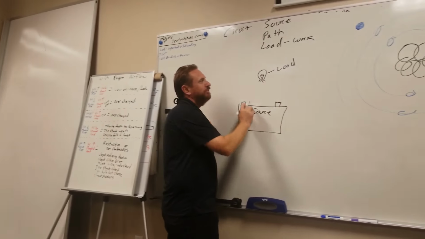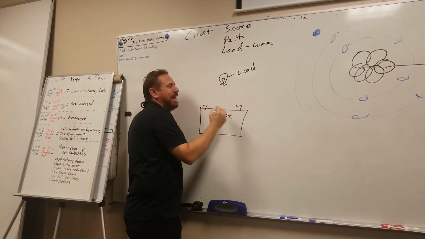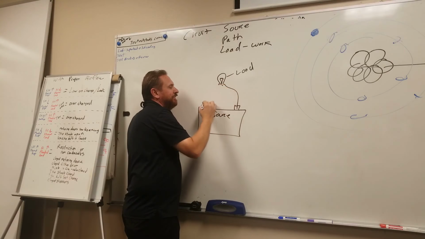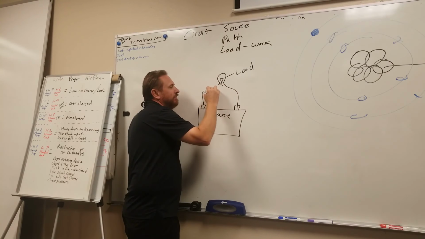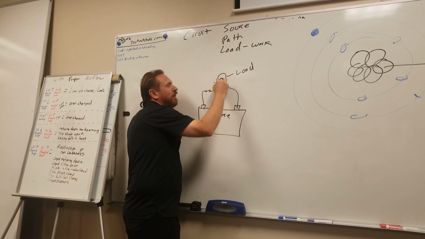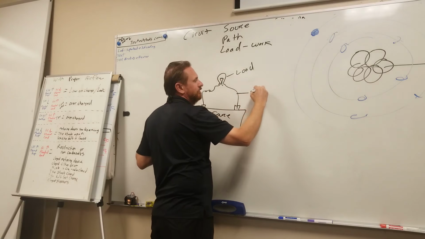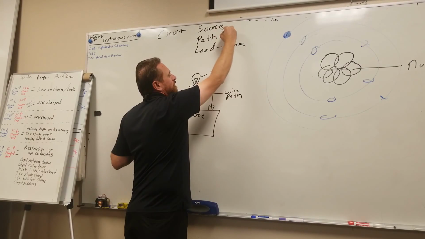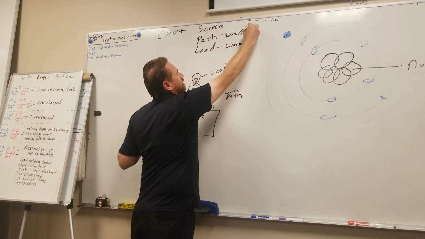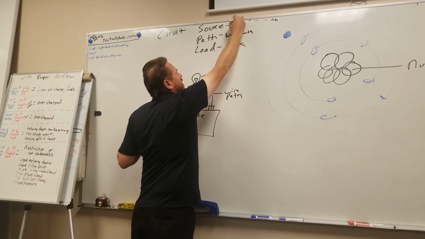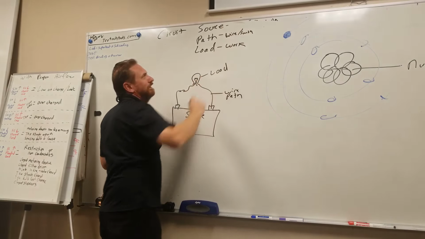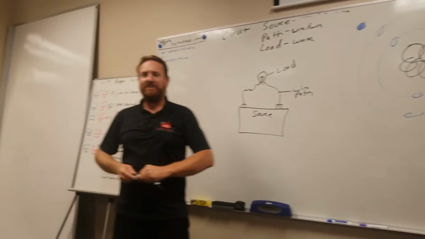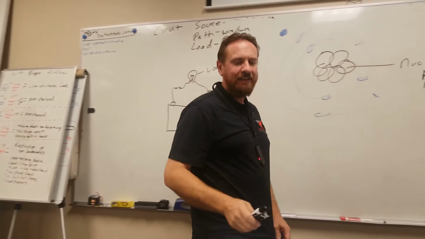So I have a source, we have a load, but we must also give it a path. So the wires and the switches are our path. Does that make sense? Source, path, and a load.